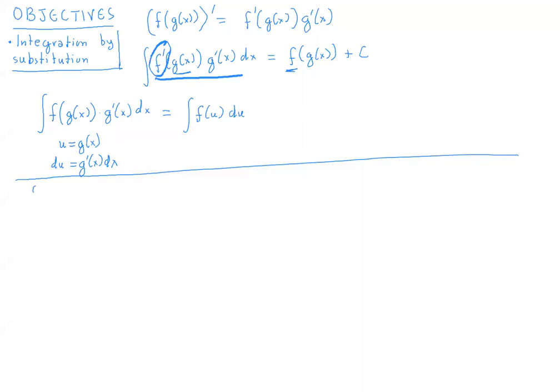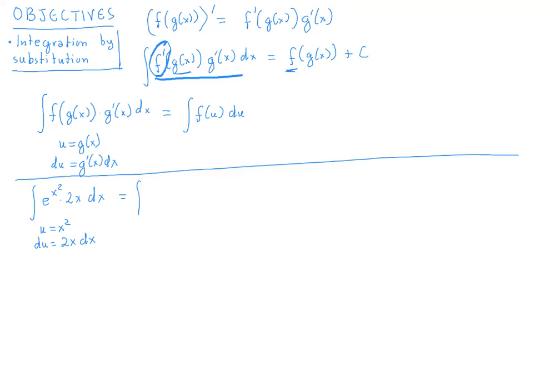And in this example, I might say that everything is offered to us on a plate. So here we choose the inner function to be x squared. And we're very, very lucky to have the derivative of x squared being present in its exact form, so it's 2x.